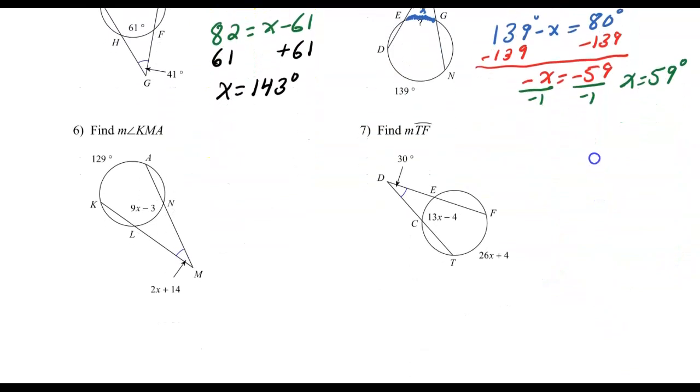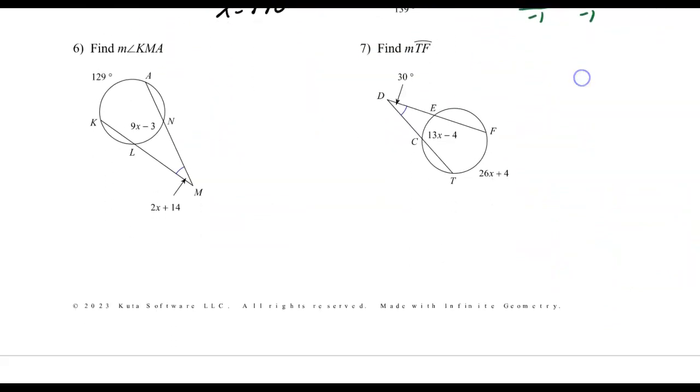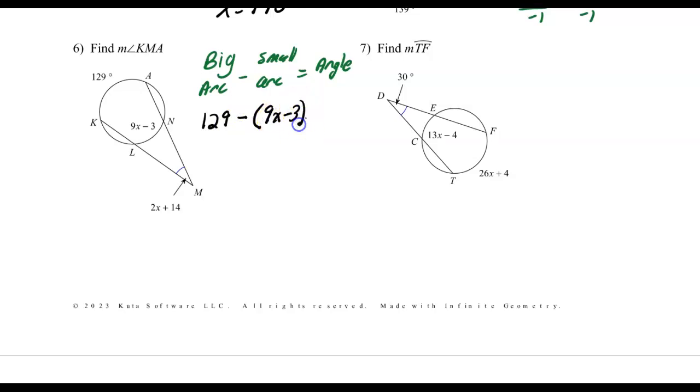The next two examples will involve some algebra. So again, the main relationship is the big arc minus the small arc, divided by 2, is equal to the angle. So for this particular problem, I'll say 129 minus, now make sure you use parentheses here, 9x minus 3, divided by 2 is equal to 2x plus 14.